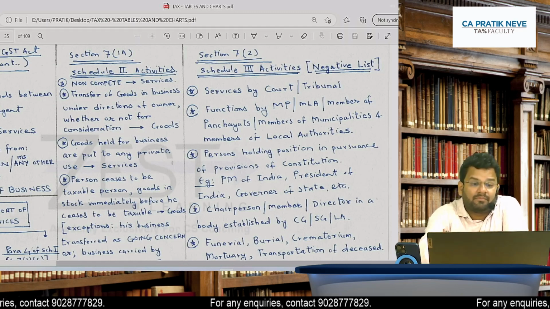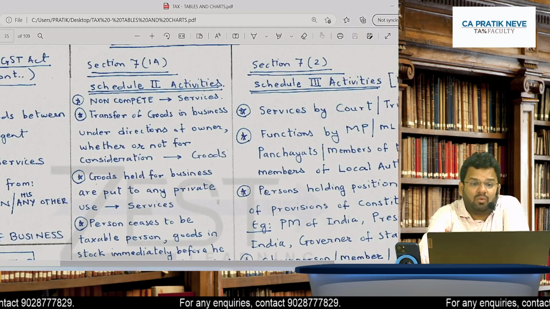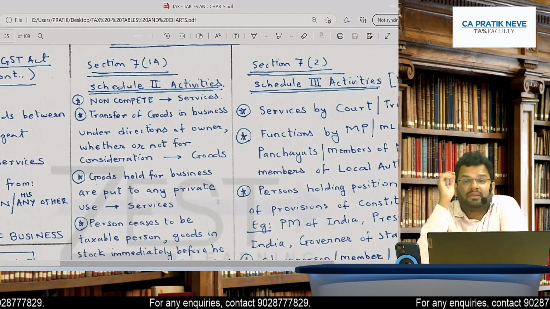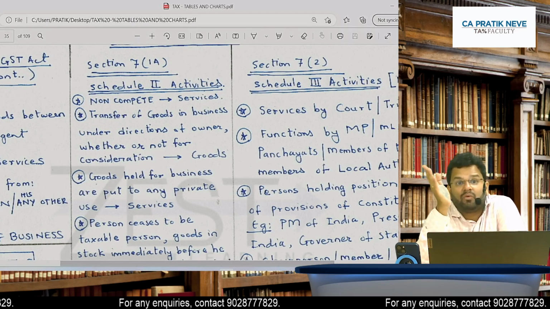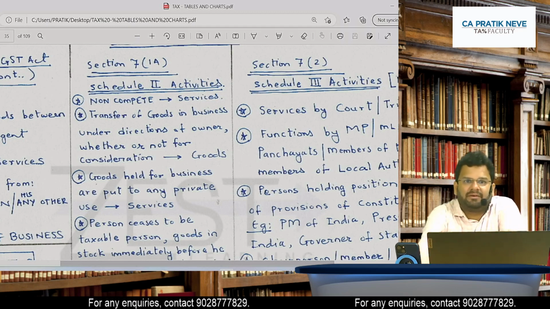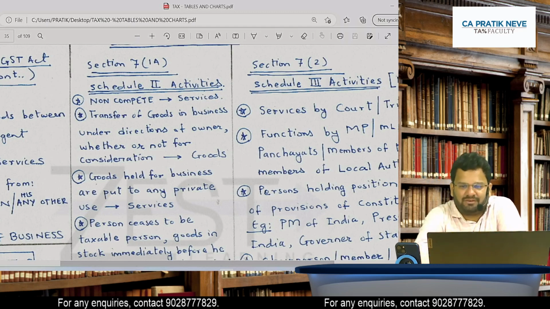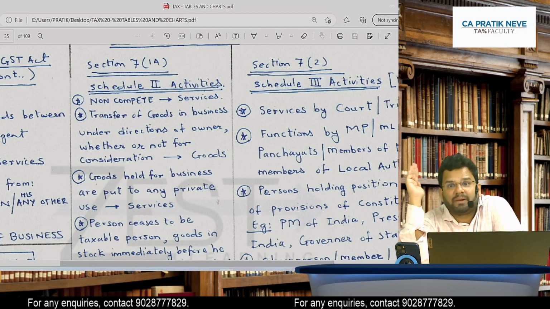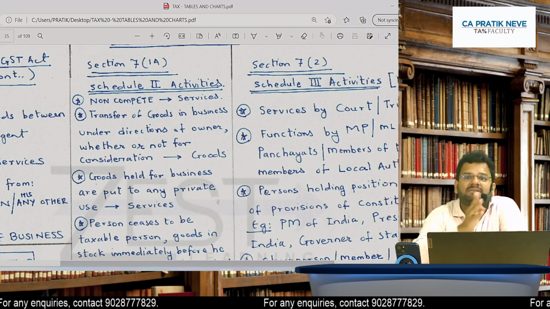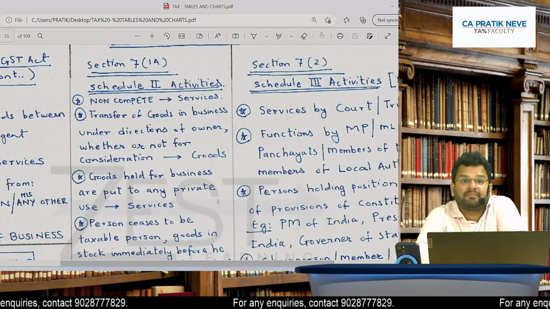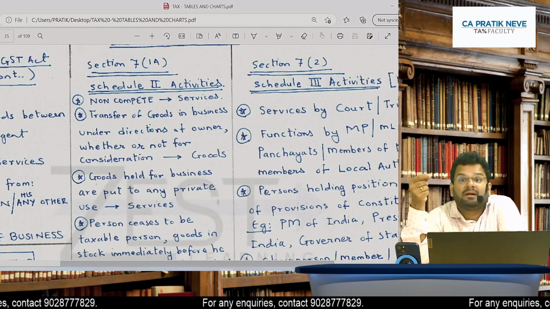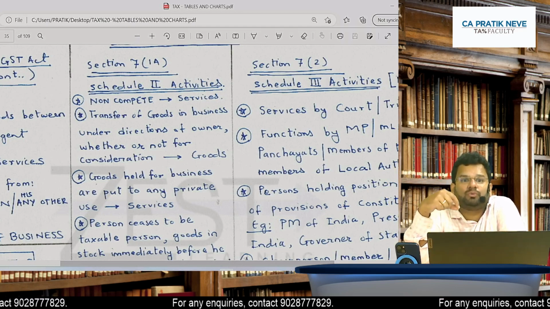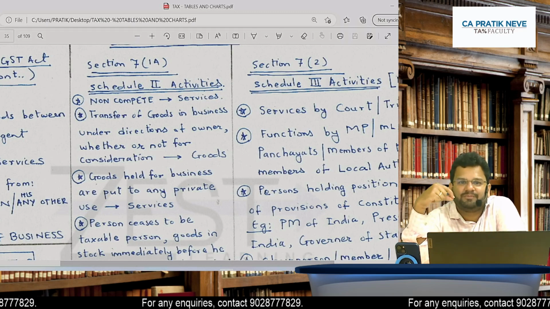Then in subsection 1A, it says that whenever there is a supply, in certain cases there is a confusion whether it is a supply of goods or a supply of services. So government has given you schedule 2. What is schedule 2?